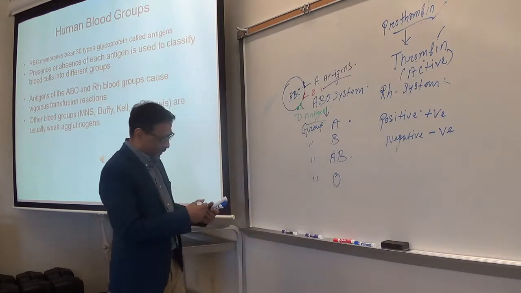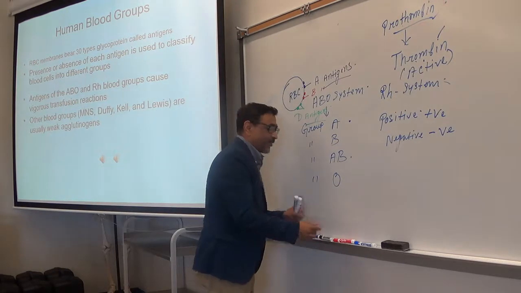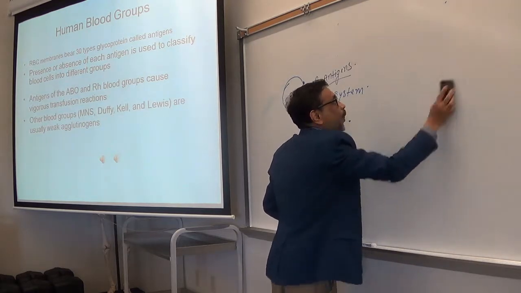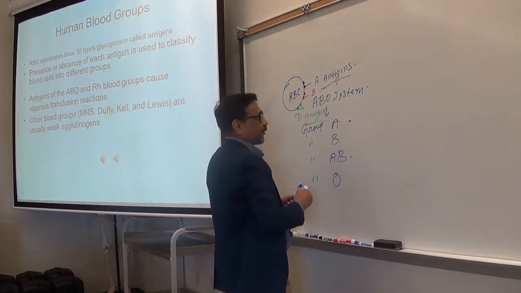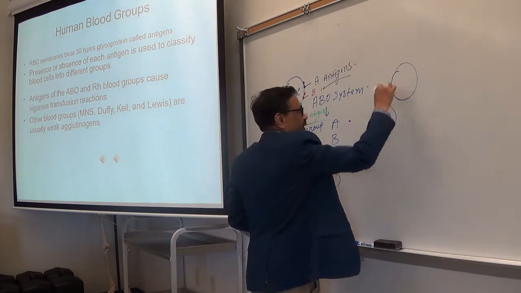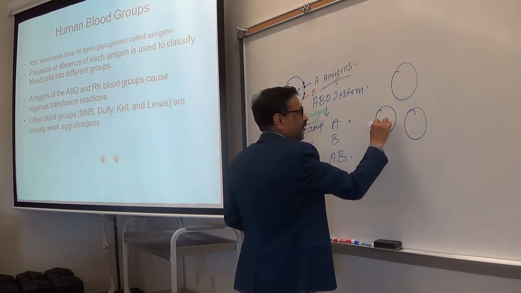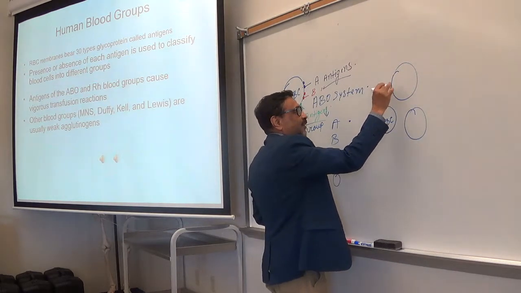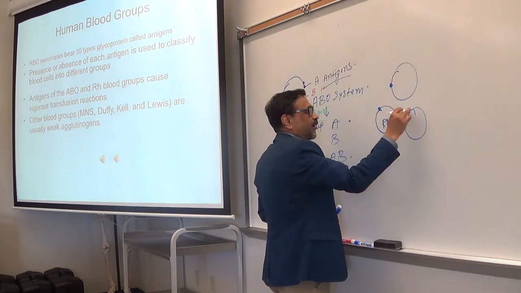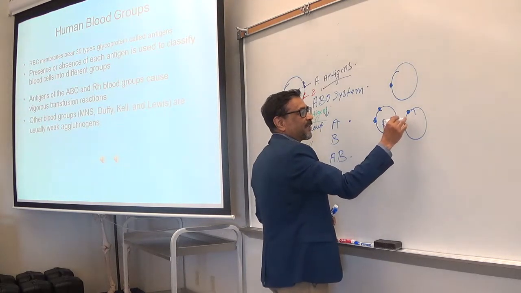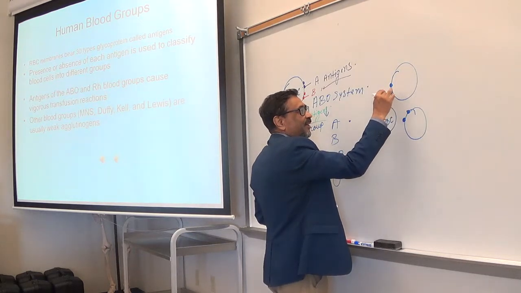Now, what is important is this: this is your blood, red blood cells. On the surface, your blood type is A. So what type of antigen should be on the surface? A. Makes sense?